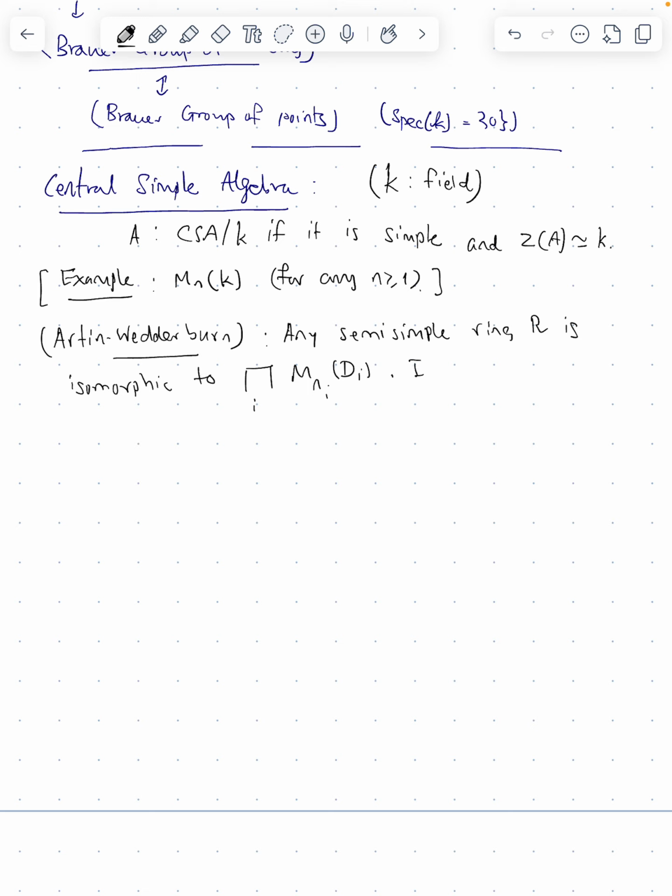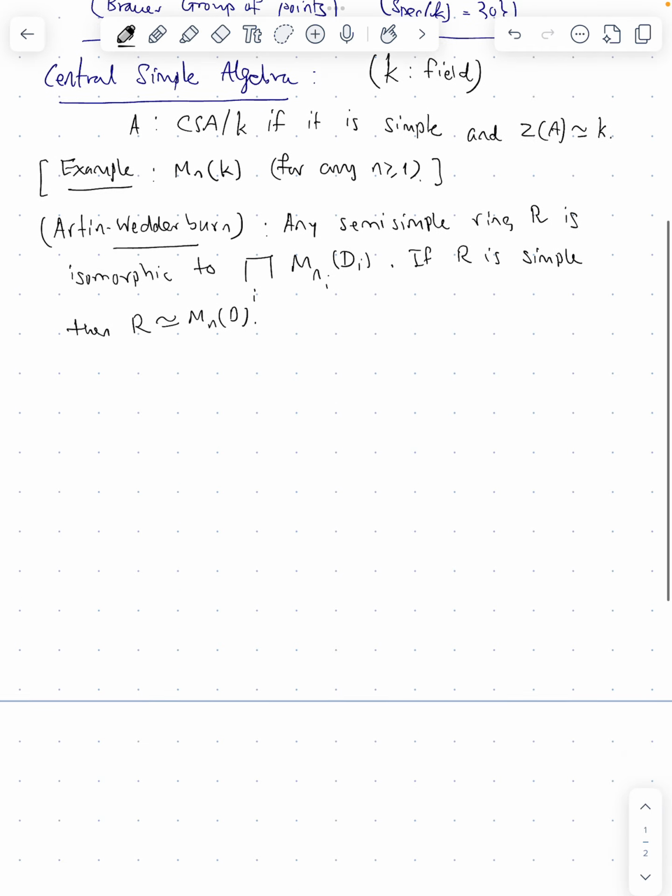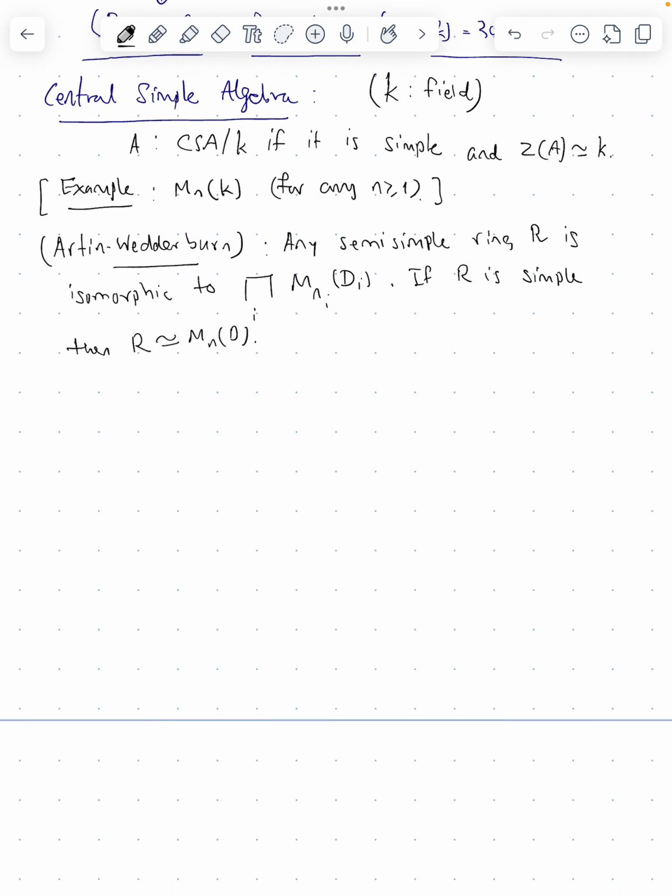And if in particular R is just a simple ring, then it will look like just a matrix ring over a division ring. So there is only one factor because it is simple, and semi-simple means like the direct sum of simple rings. So you can say that for fields, the central simple algebra has a very nice description in terms of matrices.